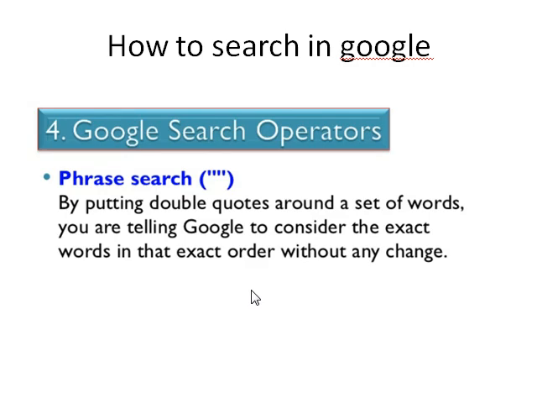But if you use double quotation marks, first a quotation mark, optimization, blank, techniques, then a closing quotation mark, only the results must be optimization techniques, with the same words and in this order. Okay. Then for some special search where you need this exact phrase, you must use phrase search.